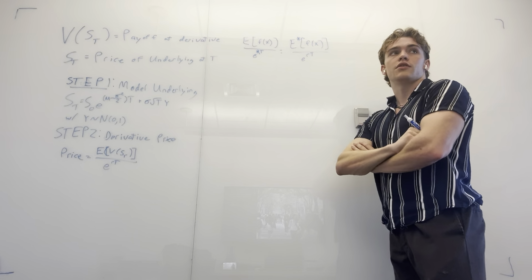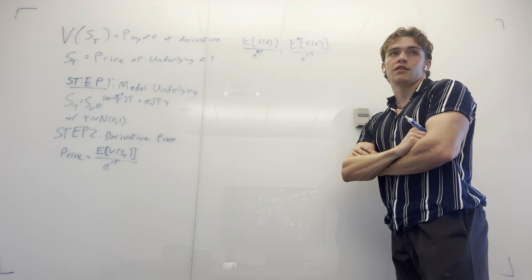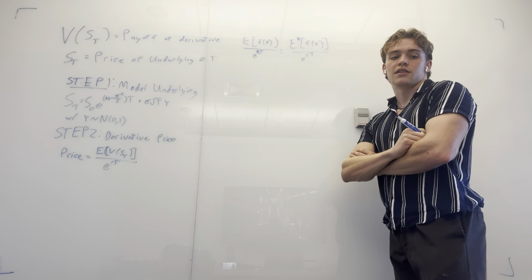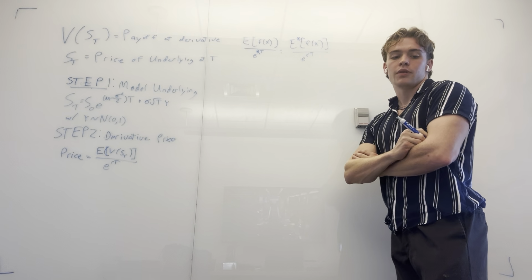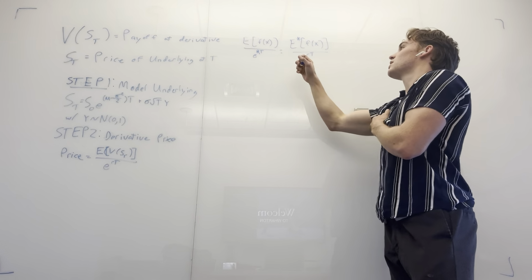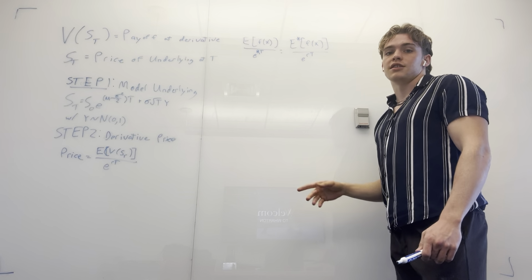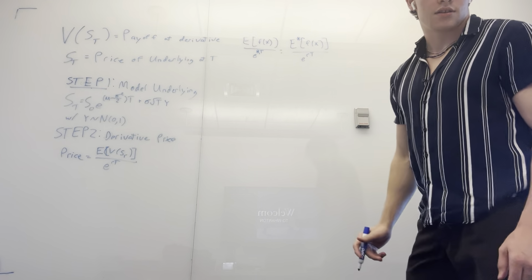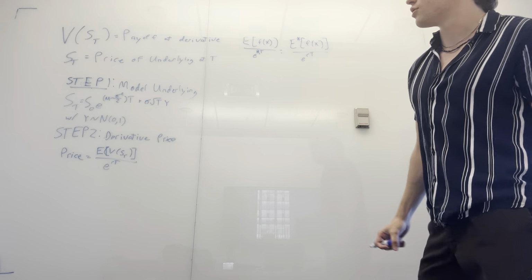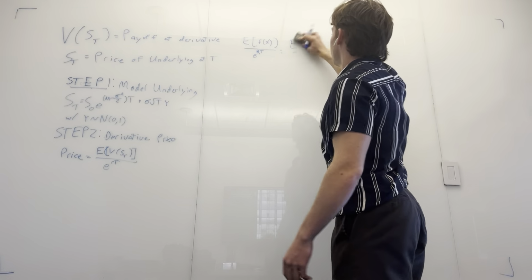It's like as if you're saying, pretend the real PDF is not whatever your normal PDF function is, but pretend that the probability of getting a certain outcome is different in the way that makes these two the same, but lets you use the risk-free rate. We're not going to go into the details of how to do that because there's this thing that we are going to invoke for our particular situation that is called Girsanov's theorem, I believe.